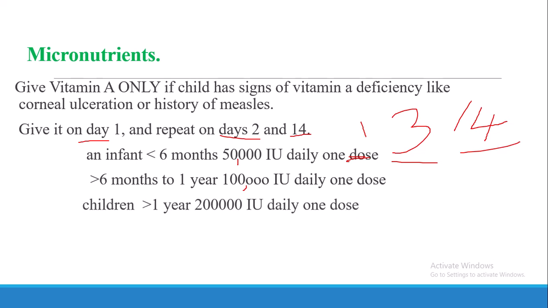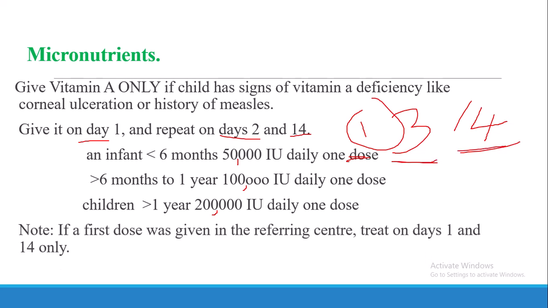Then for those more than 1 year of age, you give 200,000 international units once a day at day 1, day 3, and day 14. If the first dose was given in the referring facility, treat on day 3 and then on day 14.